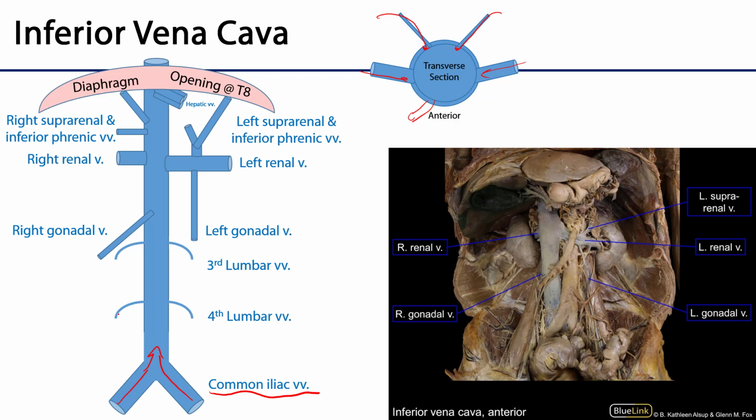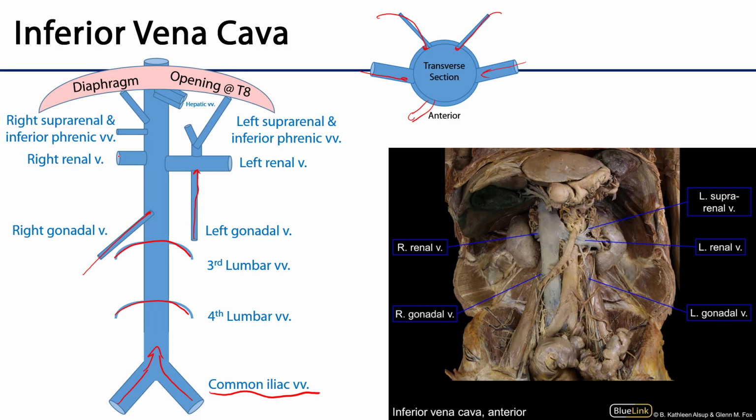We'll also have the fourth and the third lumbar veins draining into the IVC. We can see on the right side, we'll have the right gonadal vein draining into the IVC. On the left side, the left gonadal drains directly into the left renal vein.